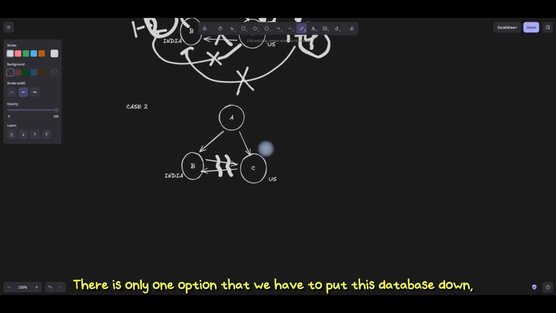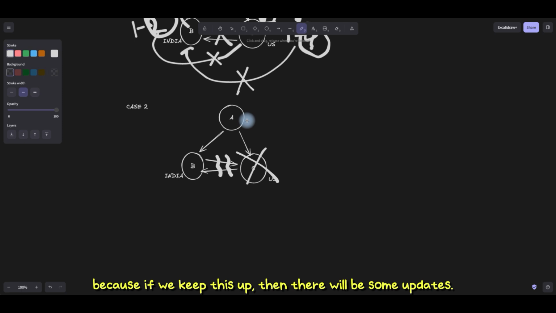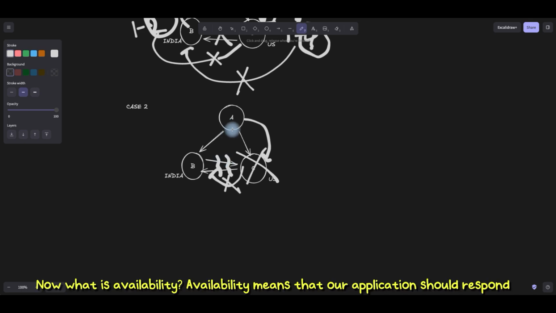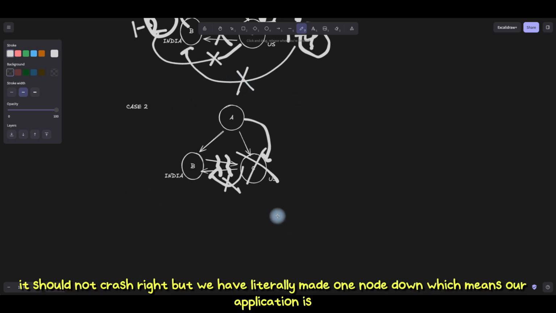There is only one option: we have to put this database down, because if we keep this up, there will be some updates and data will be inconsistent because it won't be able to send updates here because of this connection breakage, right? So we have the same scenario, the connection is broken, but we want to make sure that our application is consistent. Now what is availability? Availability means that our application should respond, it should not crash, right?